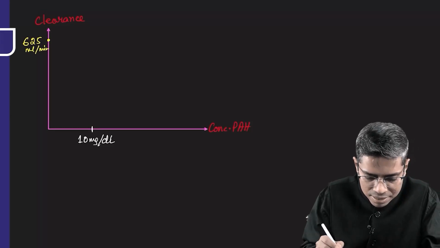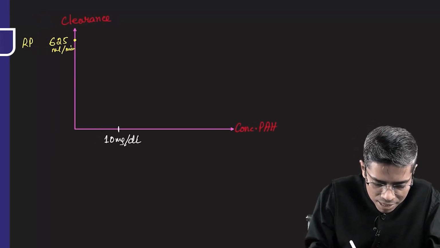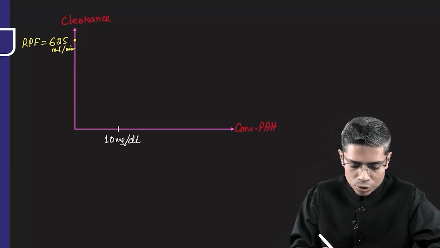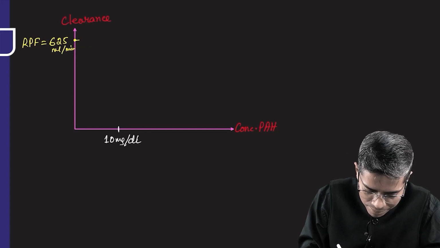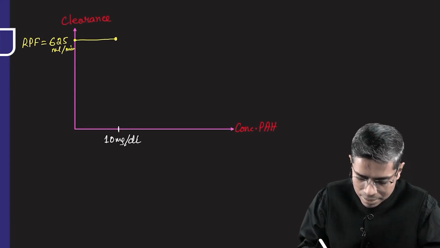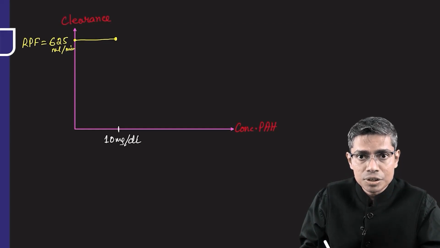What is that? This is the effective renal plasma flow that you are measuring, right? So this 625 ml clearance will be present up to this 10 milligram per dl concentration.